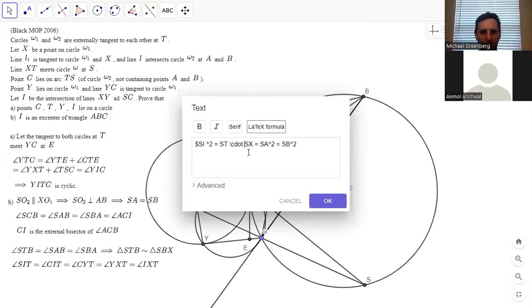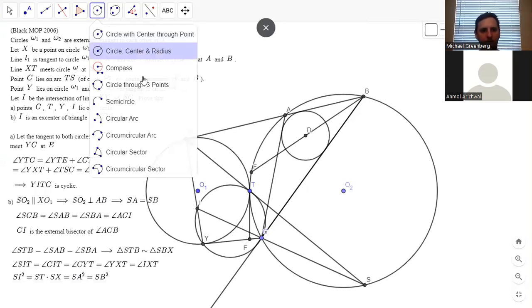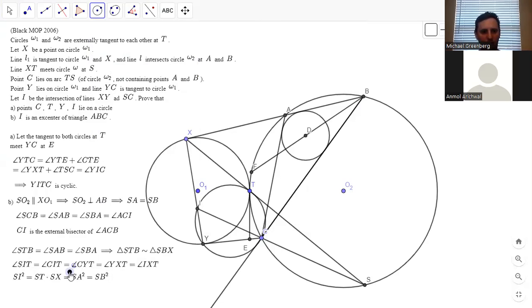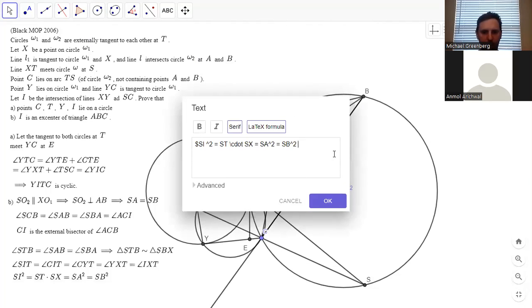So yeah, S is the circumcenter of IAB. I'm gonna keep writing out, hold on just one sec. S is the circumcenter of AIB.